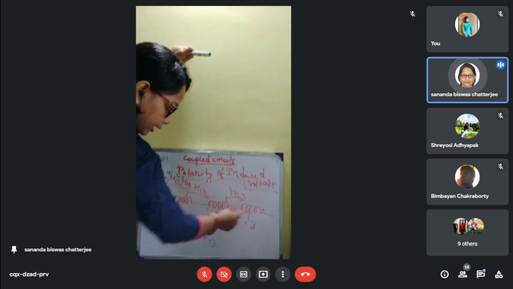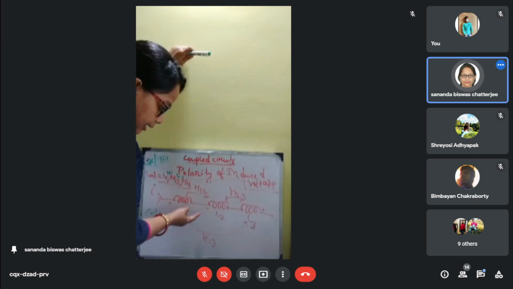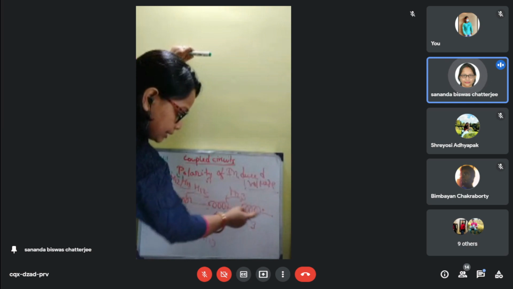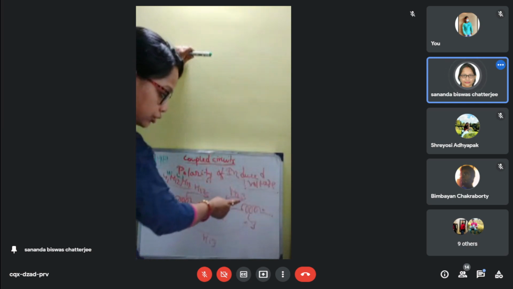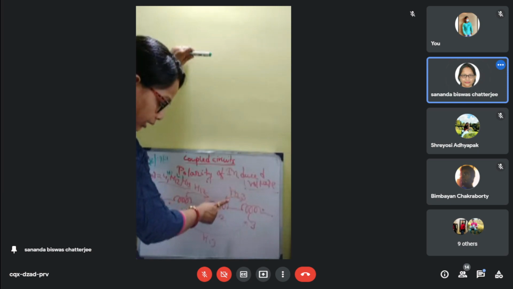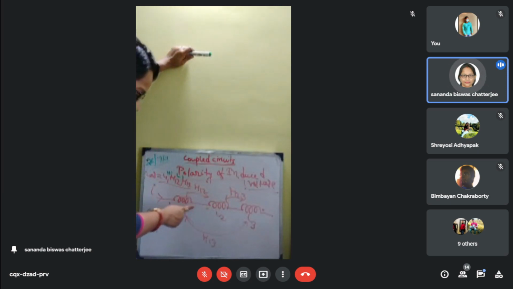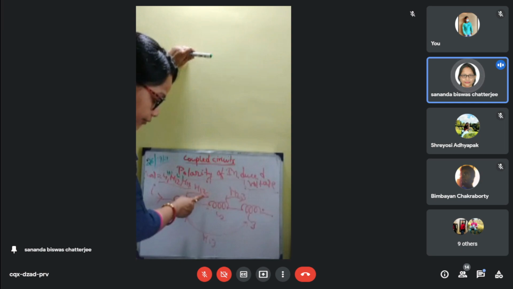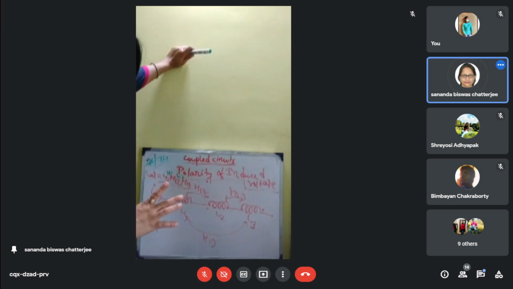Now for this coil, current is entering and the dot is in the entering position. But for L3, current is leaving, the dot is in the leaving position. That means dissimilar, not similar. So for this, M23 will be minus. And for L1 and L2, for both the coils, the dots are in the entering position. Here also the current is entering, here also the current is entering. So for this, M12 will be plus.